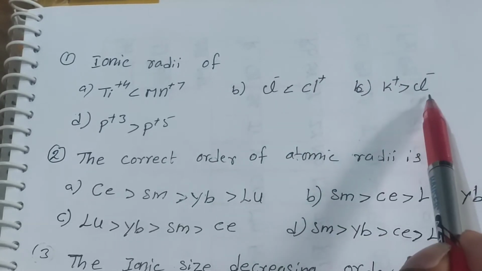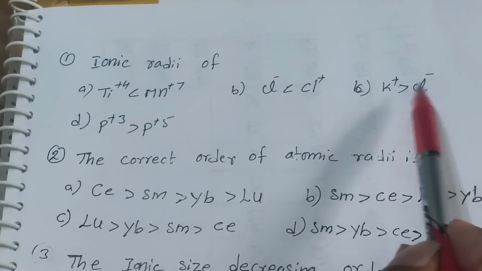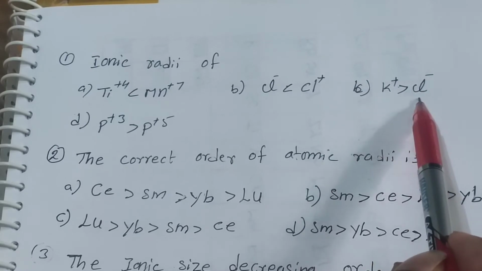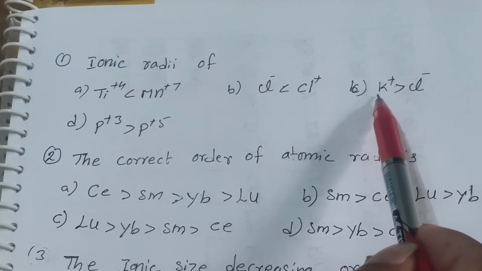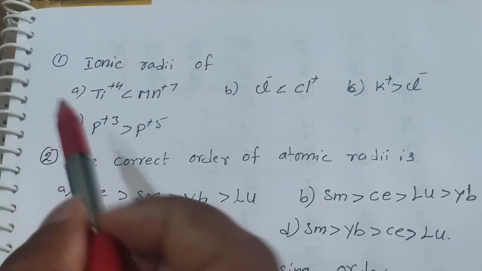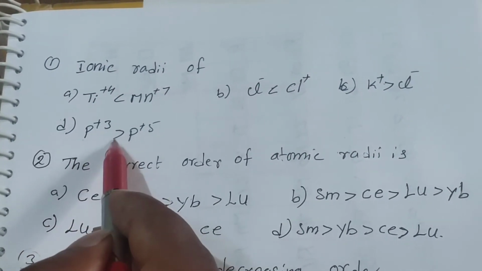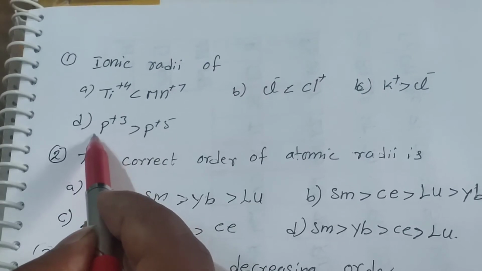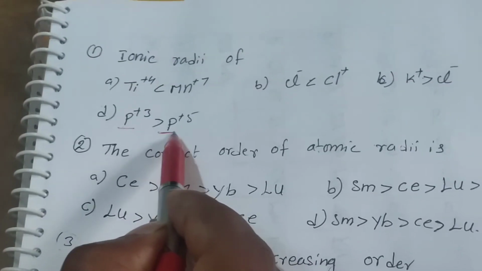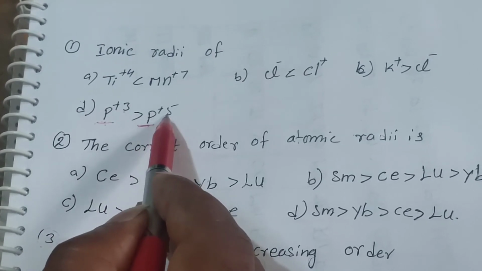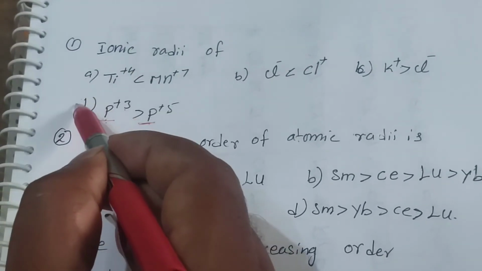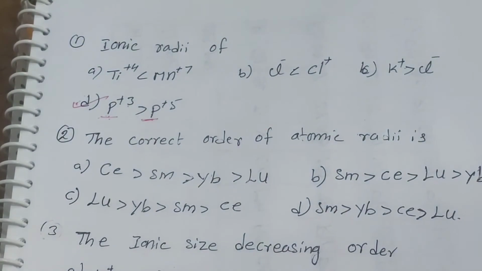K+ is greater than Cl-, and both have 18 electrons, but Cl- is greater than K+, so option C is also wrong. Phosphorus 3+ is greater than phosphorus 5+. Same atom, but here phosphorus has the lower positive charge and here the highest positive charge. So option D is correct.